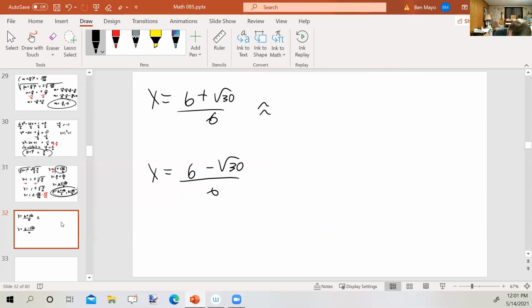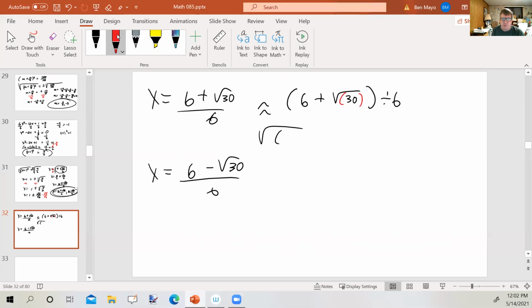So we're going to have a left-hand parentheses, 6 plus the square root of 30, close it up, divided by 6. The problem is, on some calculators, specifically the TI-30X IIS, which is the one recommended, when you put in the square root symbol, it also gives you a left-hand parentheses. So what you'd need to do is close up that left-hand parentheses.